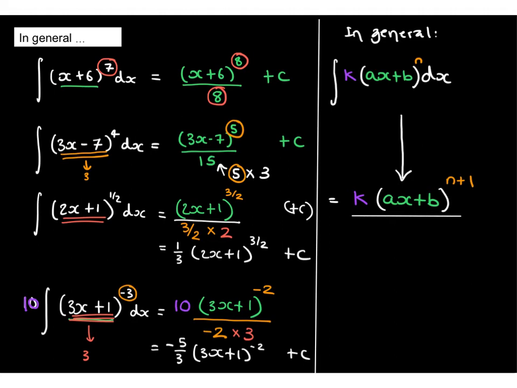So we're dividing by the new power, but we also divide by the derivative of the inner function, which means we divide by a. And of course, there's a plus c at the end.